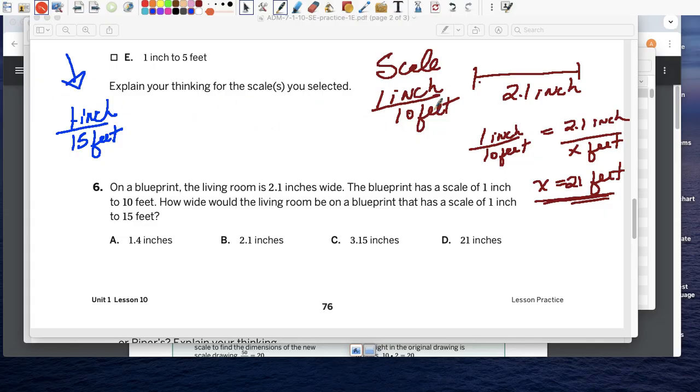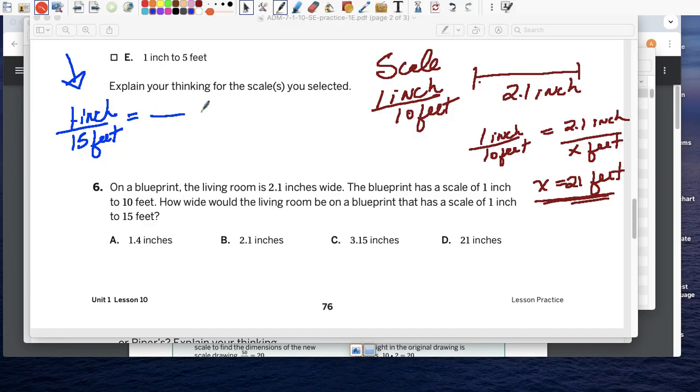Yours was 1 inch to 10 feet, and his or hers is 1 inch to 15 feet. Right, so is it going to be smaller, or is it going to be greater? Well, when we're comparing 1 to 15 and 1 to 10, the 1 to 15, the difference is much bigger. So this one is going to be smaller. Let's see how much smaller.